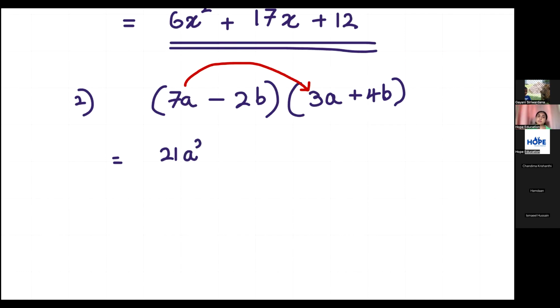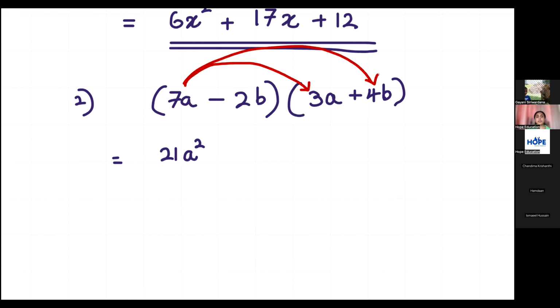Here there is plus, here also there is plus. So plus times plus, answer also gets plus. Since it's plus, we don't have to write it. We can just leave it like this. 21A squared. Then this I'm going to multiply by this.